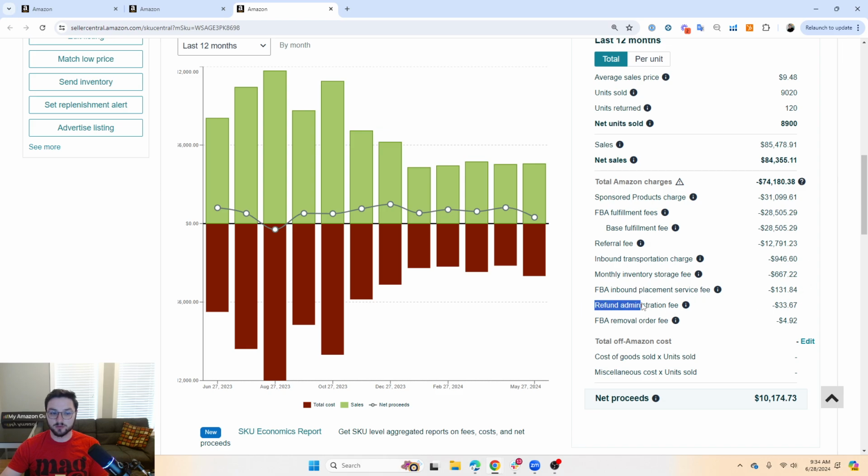They even have the refund administration fee, which is something that you used to not even be able to get before. That used to just be baked in to overall returns and return fees. So they've done a really, really good job of giving us as much data as possible on the individual level with the SKU economics and getting an understanding of what the actual cost of everything is.